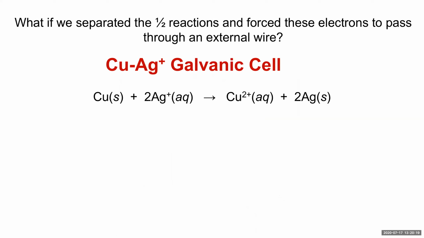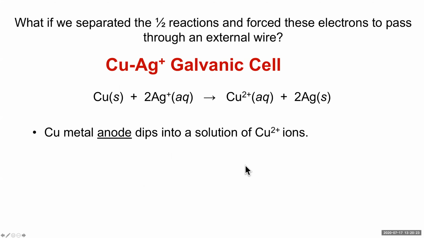That's a spontaneous reaction, we saw it before. So the way we're going to build a galvanic cell out of this, we'll put the copper wire, say, into a solution of copper ions. And because the copper is being oxidized, this would go on the anode side.